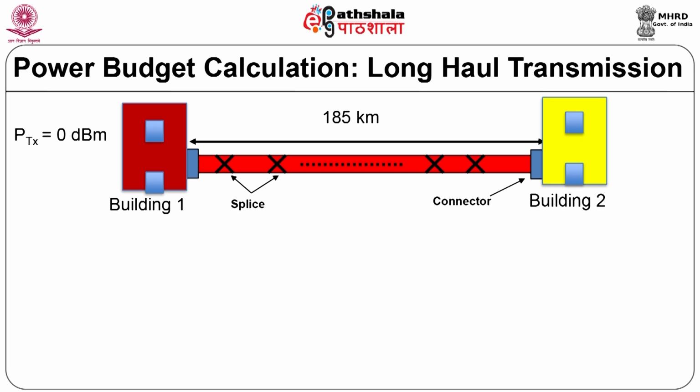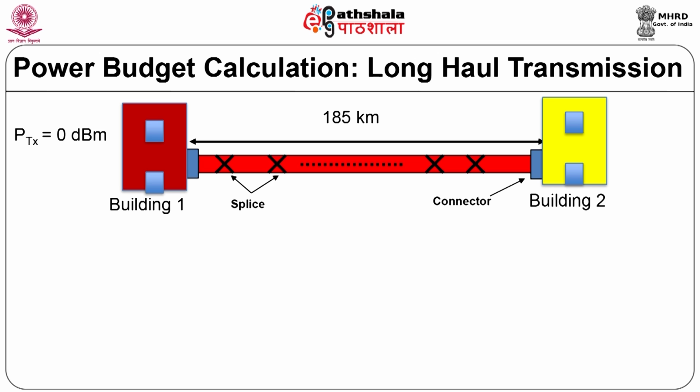Consider Ptx as 0 dBm, so there is no loss, and at the receiver side the sensitivity, that is P sense, is minus 28 dBm. We want to establish a fiber optic link between them. There is a connector required at the receiver side as well as at the transmitter side.